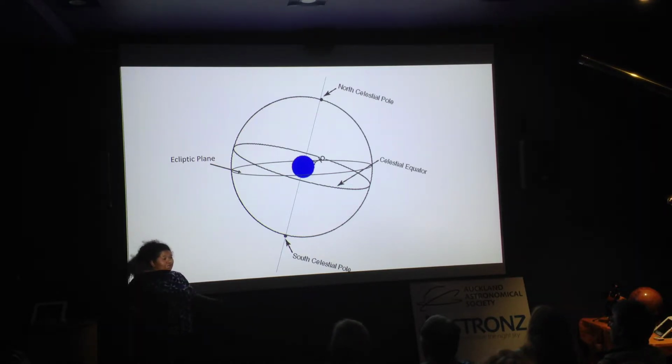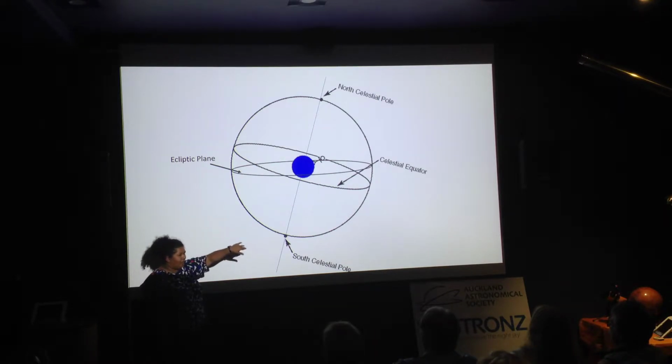So if someone tells you that all the planets are aligned, they're always aligned. They're not going to be scattered across the sky. They're always sitting along this ecliptic plane. It is the plane of our solar system. Alright? So we've got our celestial equator, and we've got this ecliptic plane.